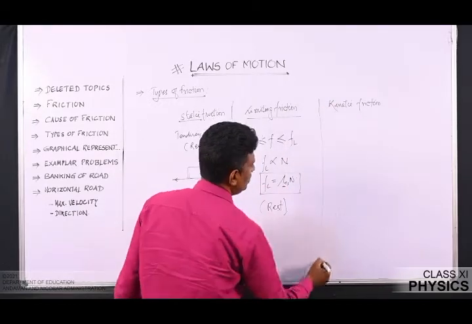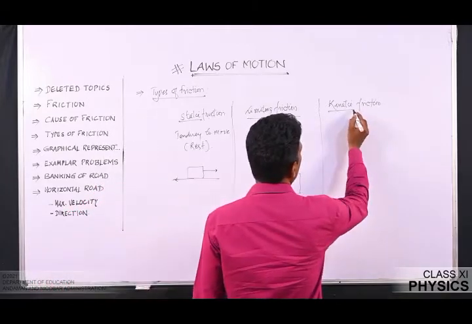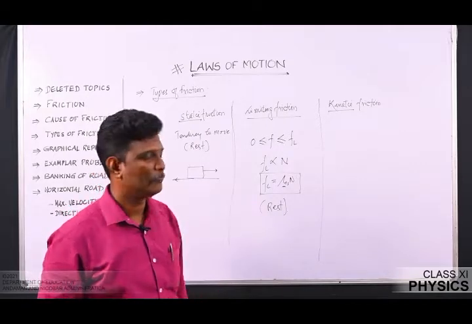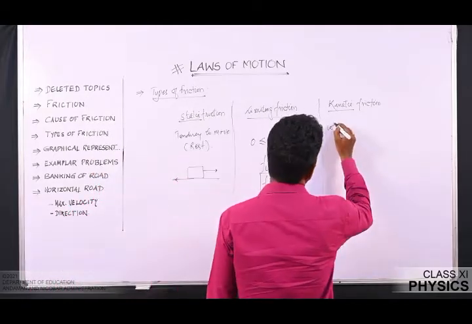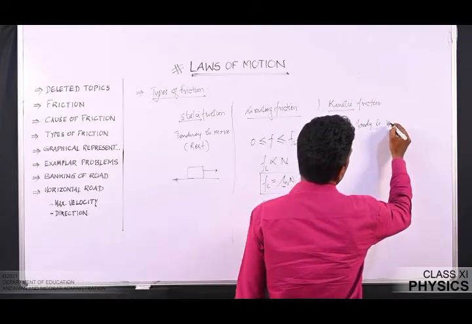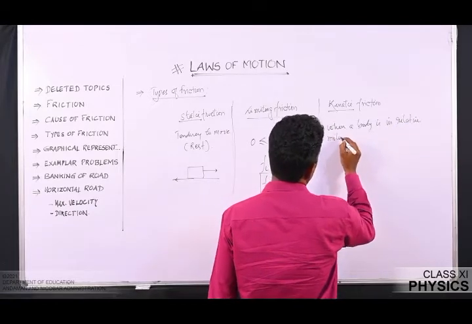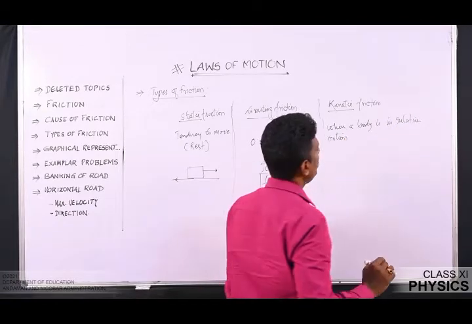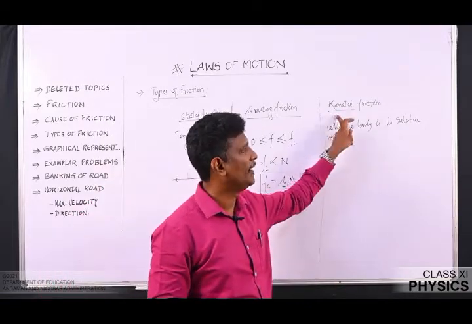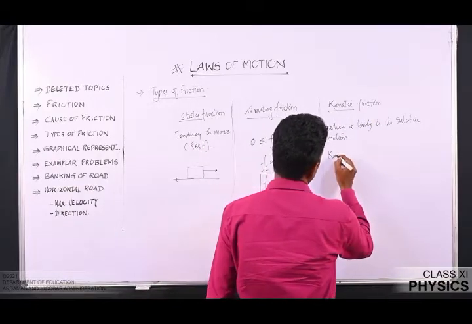Now, let us see the third case. What is kinetic friction? Again, the name suggests, kinetic means in motion. When a body is in relative motion, a friction comes into play, that is called kinetic friction, which is always constant.